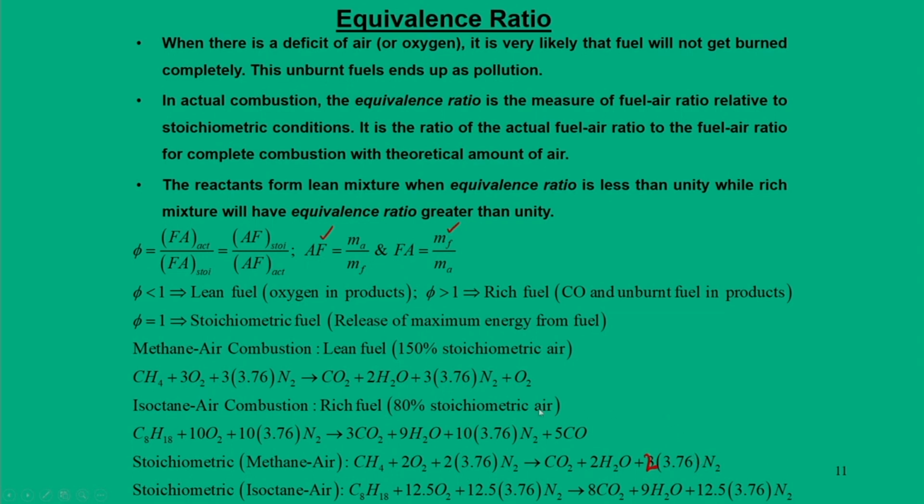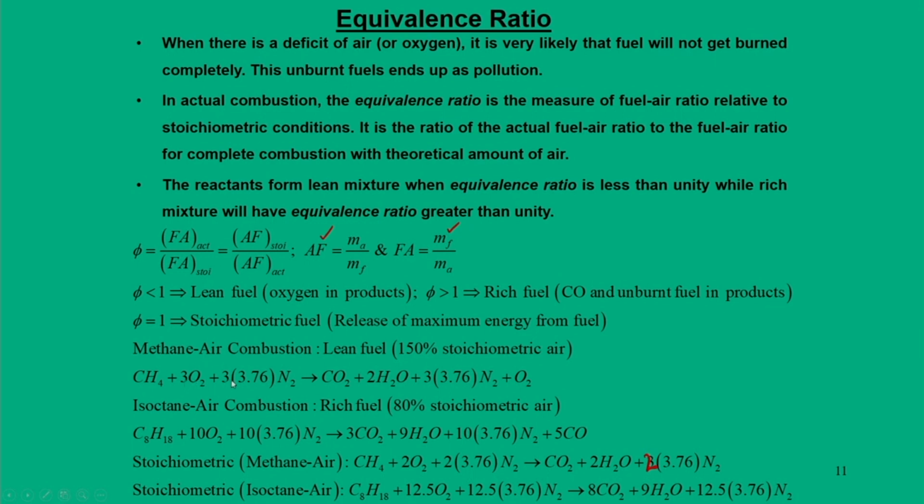Now, if it is a lean fuel mixture, that means it is rich in air, say 150% theoretical or stoichiometric air. 150% means 1.5 times higher, so the air becomes 1.5 times higher.